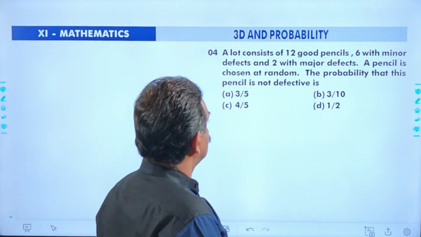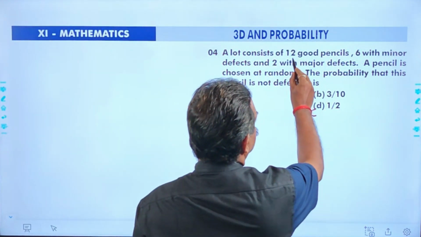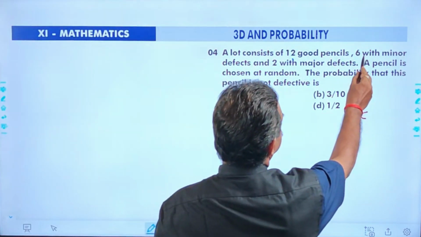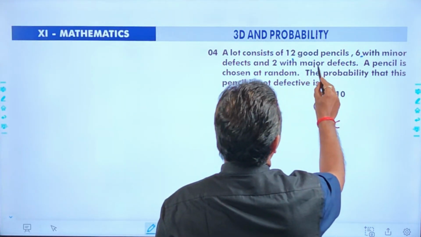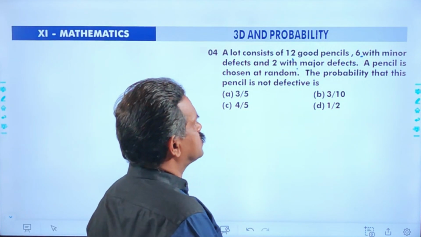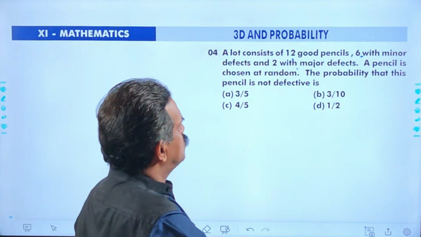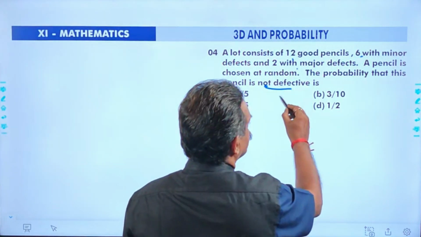A lot consists of 12 good pencils, with 6 minor defects and 2 major defects. So in total there will be 8 defects. Find the probability that it is not defective.